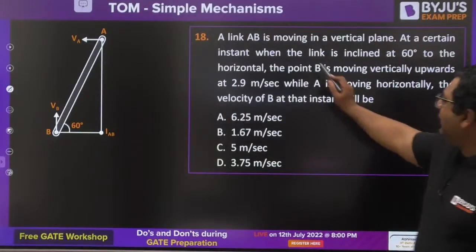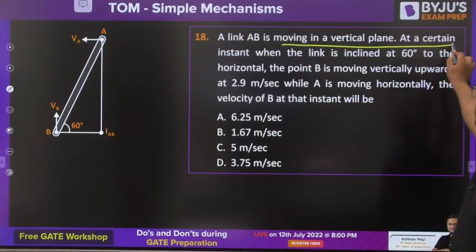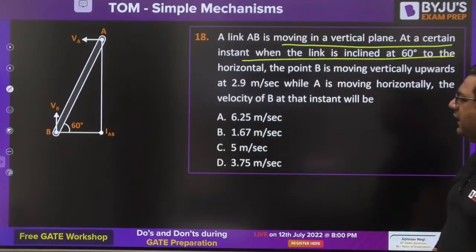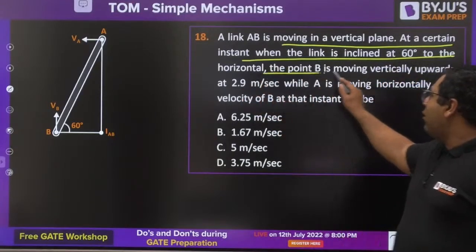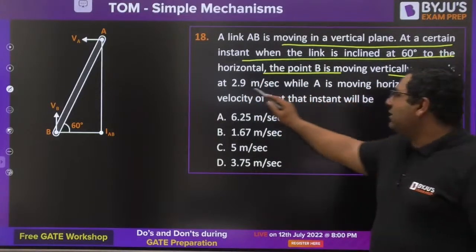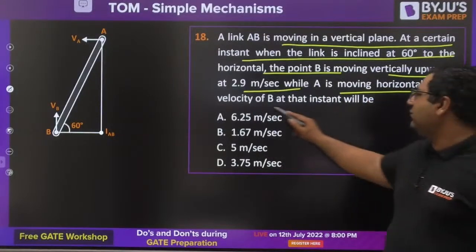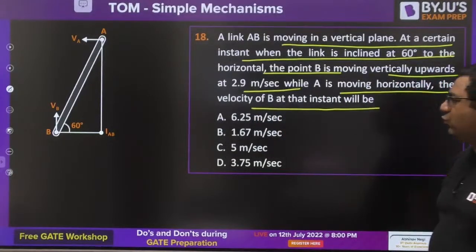A link AB is moving in a vertical plane at a certain instant when the link is inclined to 60 degree. The point B is moving vertically upward with a velocity of 2.9 meter per second. A is moving horizontally. Velocity of B at that instant would be.